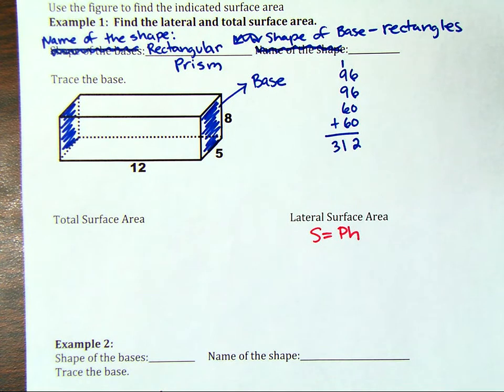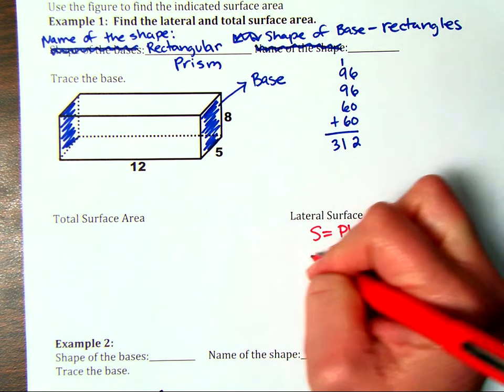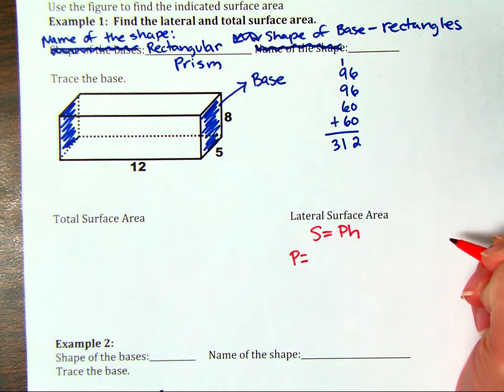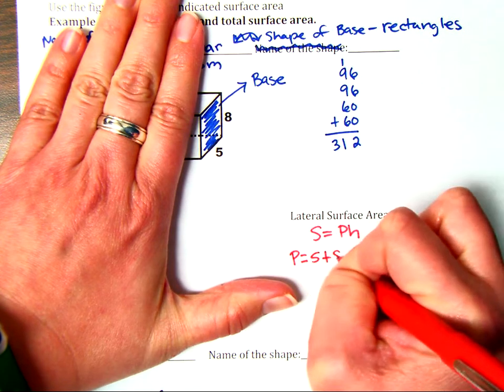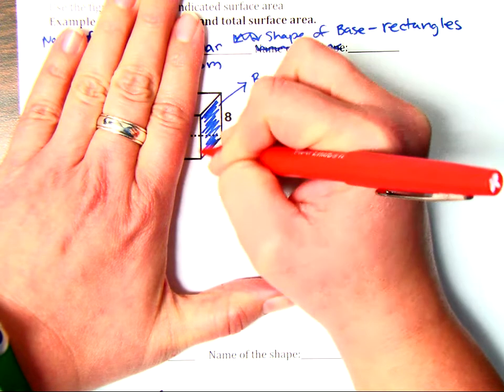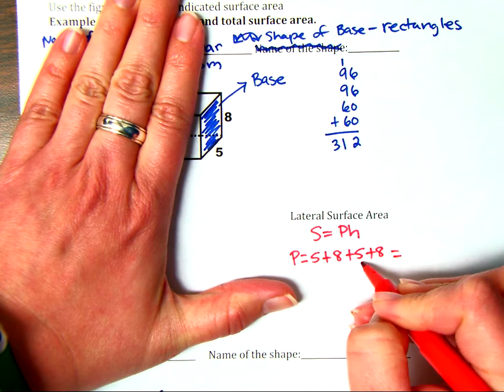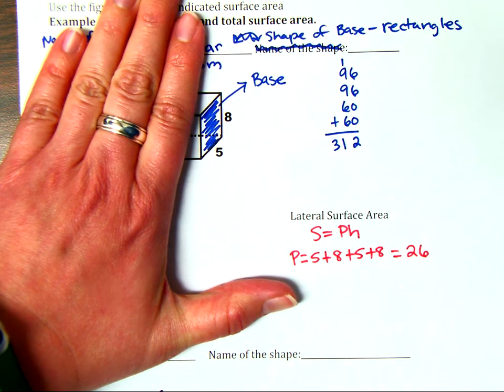That takes a little time, since you had to find the area of four rectangles and then add them up. Well, watch this. Using our formula, the perimeter of the base is everything on the outside, so that would be 5 plus 8 plus 5 plus 8. So 5 plus 5 is 10, 8 plus 8 is 16, so the perimeter of the base is 26.